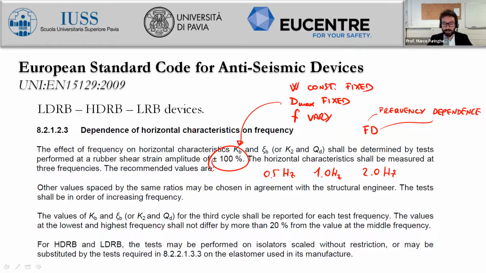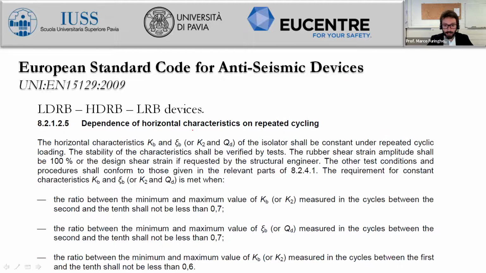But we see the final table for the testing protocol. Then there is another important test, which was the one mentioned before, the repeated cycling.